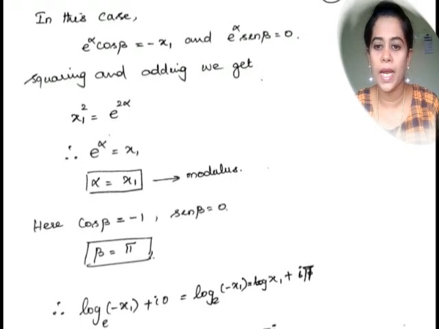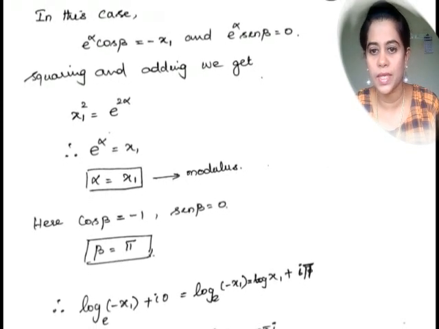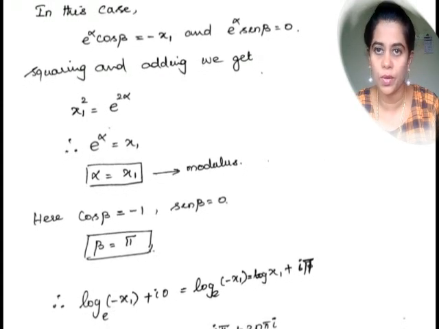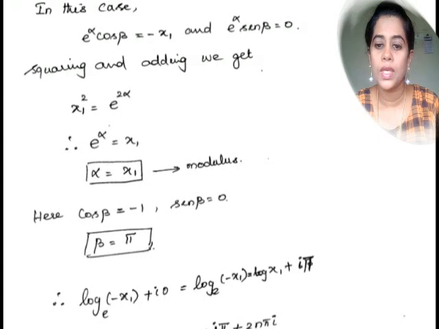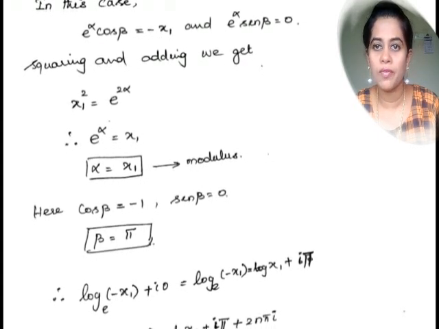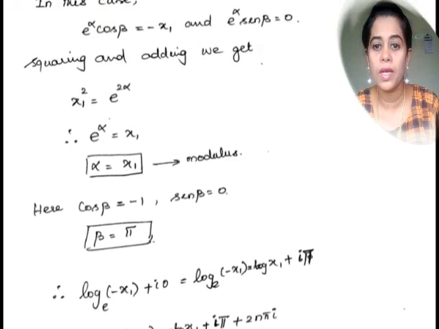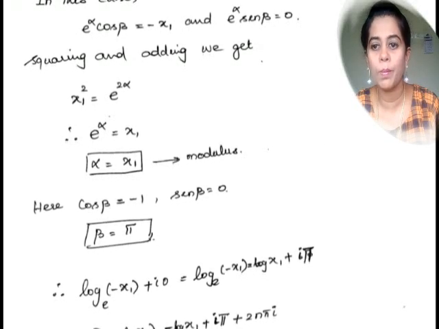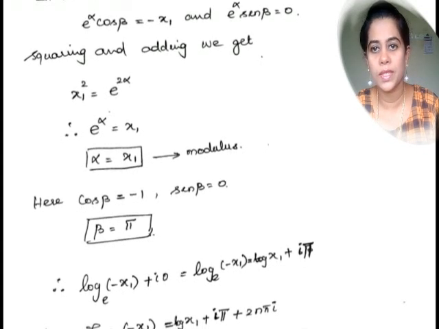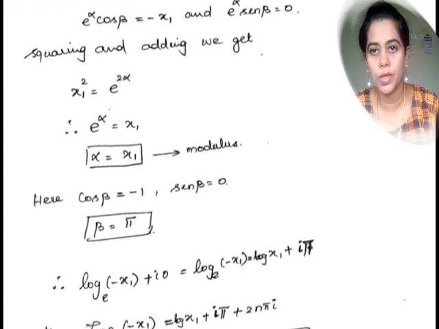So squaring and adding these two equations, we get x squared, that is minus x1 the whole square, equal to e power 2 alpha. Why is it so? Because e power alpha cos beta the whole square plus e power alpha sin beta the whole square, with e power 2 alpha common, gives cos square beta plus sin square beta, which is 1.